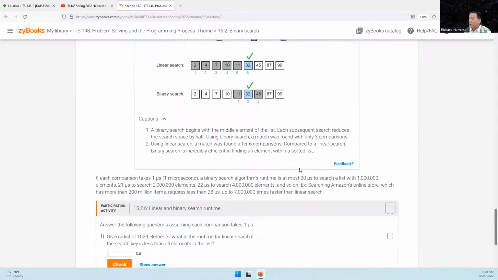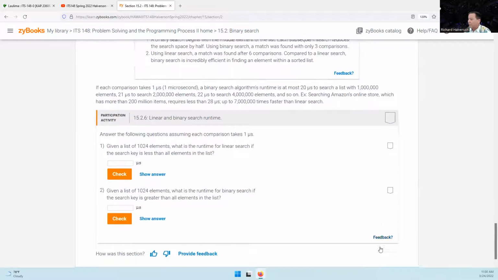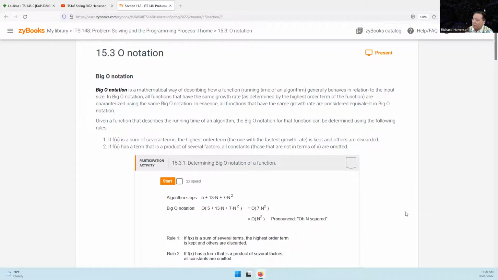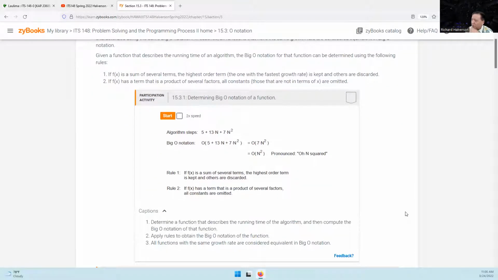All right, so that explains the differences, and here we introduce O notation, and this is a really important thing to know how to do in computer science.